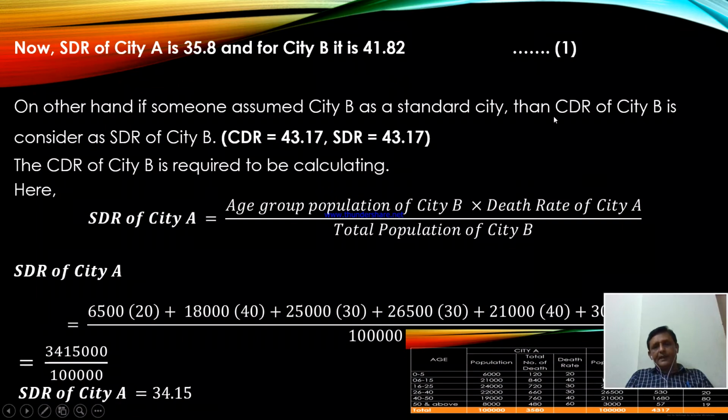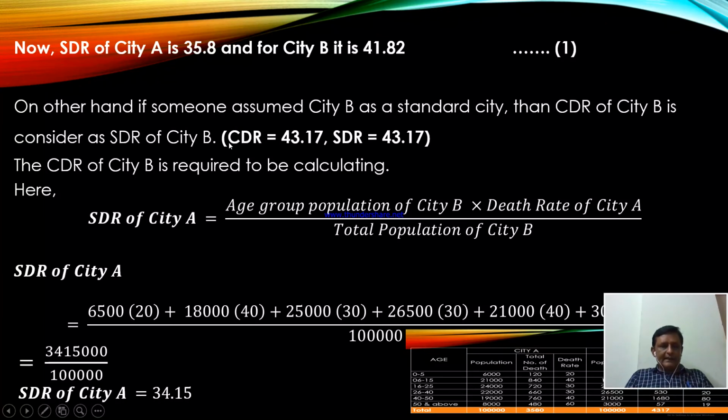We require to consider the CDR of city B as the SDR of city B. Here I mentioned we calculated CDR as 43.17 in our last discussion, and accordingly we consider SDR the same as CDR, right?